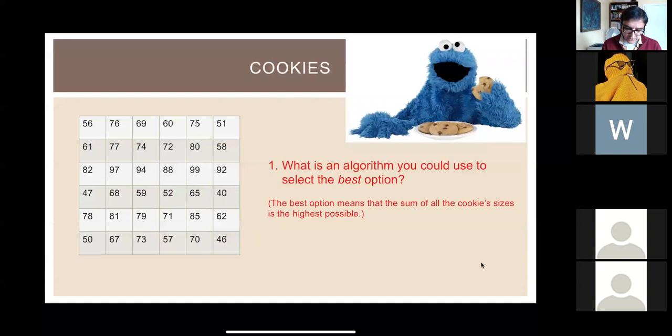So what do you think we should do? How should we solve this problem? Which 6 cookies should the cookie monster take? How many possible solutions are there? What is the size of this search space?